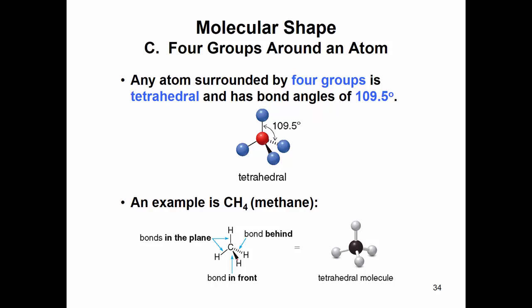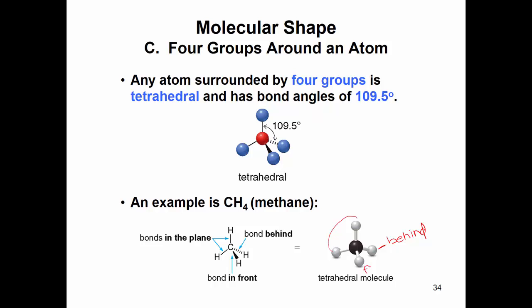This wedge that is darkened means that that bond is sticking out in front of the plane. So this has three dimensions to it. So here's sort of a model. One of the hydrogens is sticking out towards you. These two hydrogens here are in the plane of the board, but then this hydrogen is behind the plane.